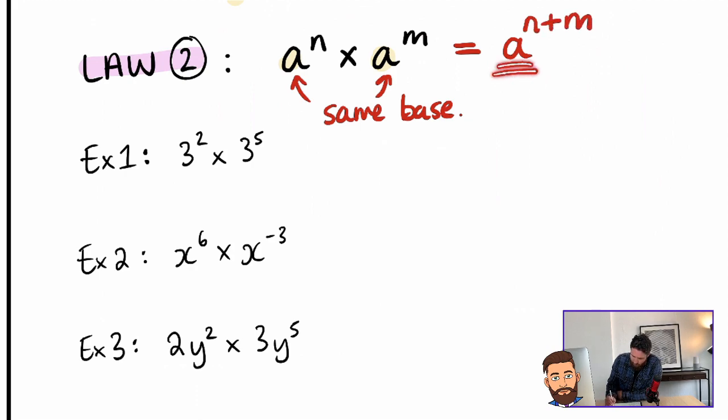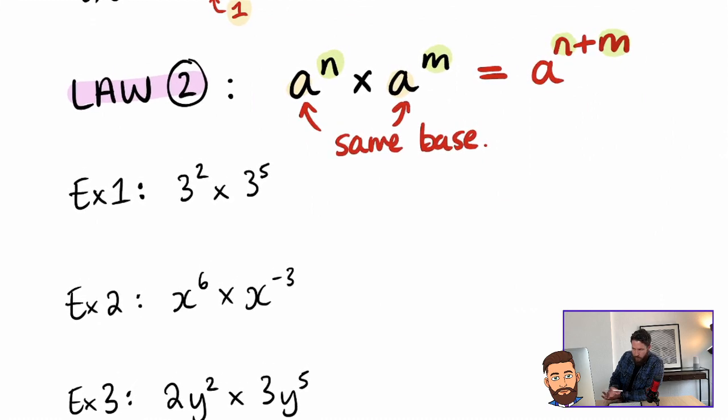So you keep the base the same and you add the powers, okay? And again, it always looks a little bit confusing and a little bit scary if you haven't seen it before and you are looking at those letters thinking, what is going on? But simply, if you have the same base and you are timesing them together, you add the powers. Okay. So what does that look like?